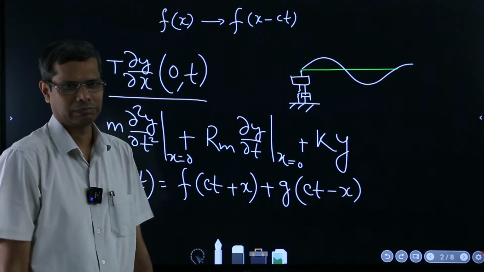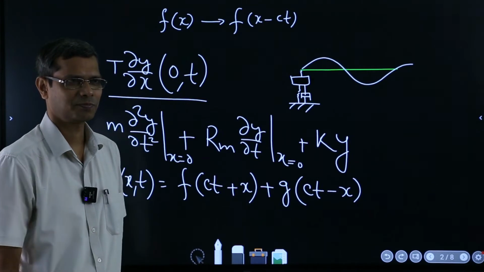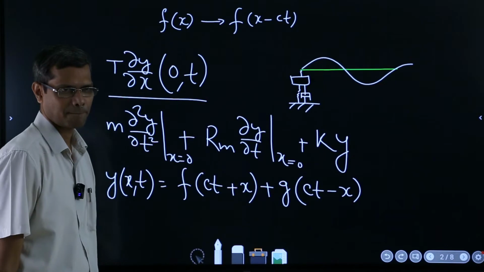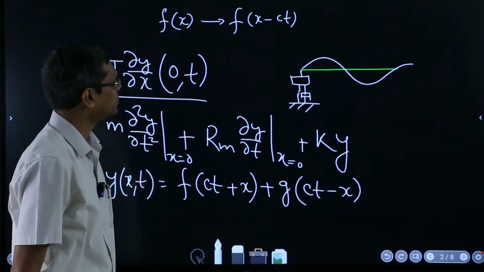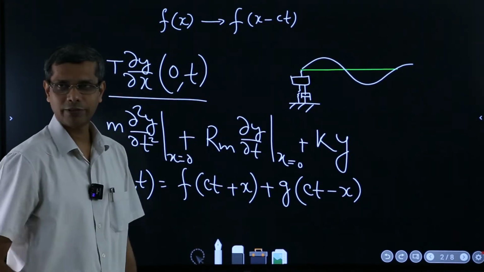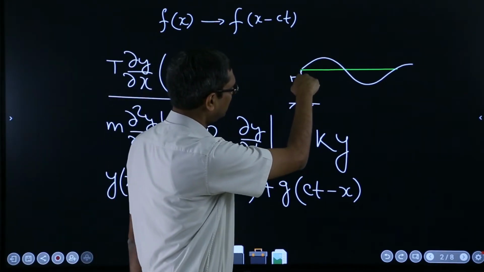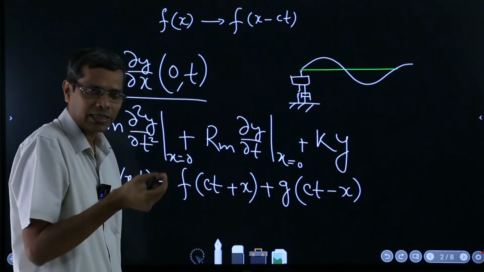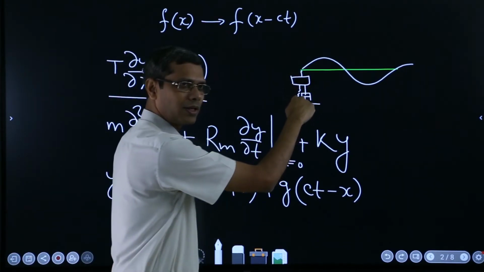right? So that's one of the ways, but then another way is, suppose in this case we want to write everything in terms of the motion at x equal to 0, right?